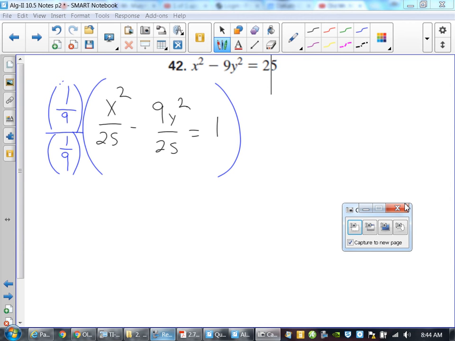What happens is, as you distribute through, the first part, 1/9 over 1/9, is 1. So it's still going to be x squared over 25. The next one, as it distributes through, is how you get rid of this.